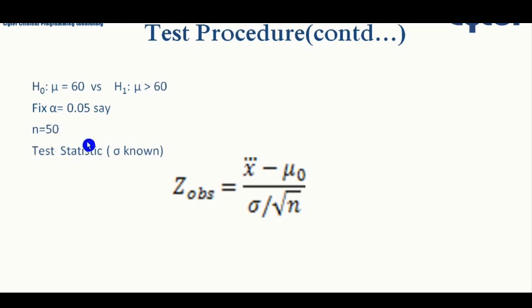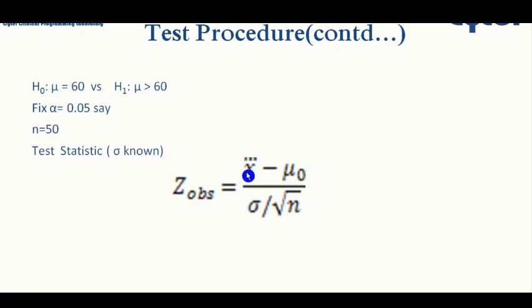Then this is a test statistic which is a normal one sample test, assuming that the other parameter sigma of the normal distribution is known. Then you can compute the test statistic as Z observed equal to x bar minus mu naught divided by sigma upon root n, where x bar is the sample mean.